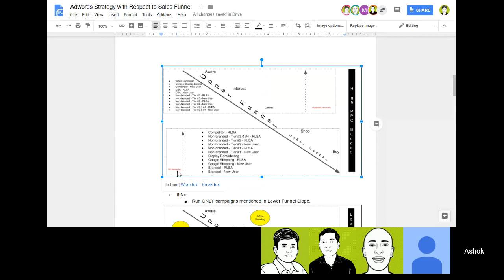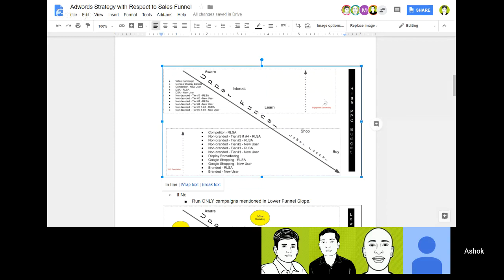So this is for ROI descending, and right over the top for the upper funnel you are seeing the same arrow, but this one is for engagement descending. So we are using a different objective here, guys. For the lower funnel, our objective is straight away to focus on bringing sales for e-commerce clients or leads for lead generation clients. But for upper funnel campaigns, our objective changes. We start focusing on engagement.